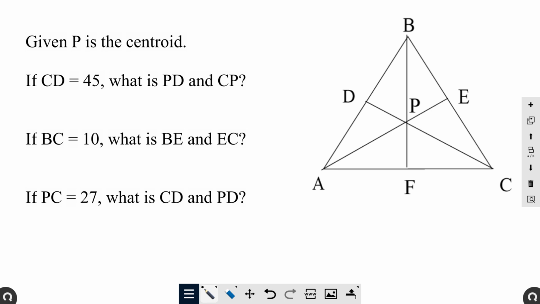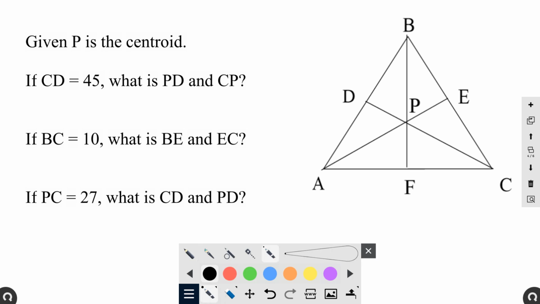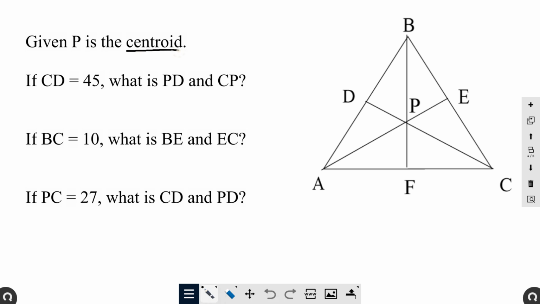Oh, points of concurrency. All right, couple of key things here in this picture. First off, it tells us that P is the centroid.